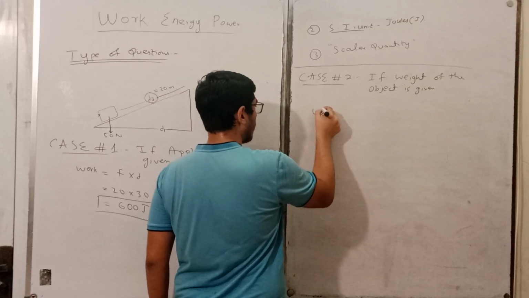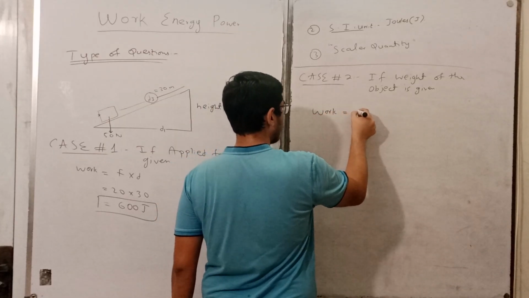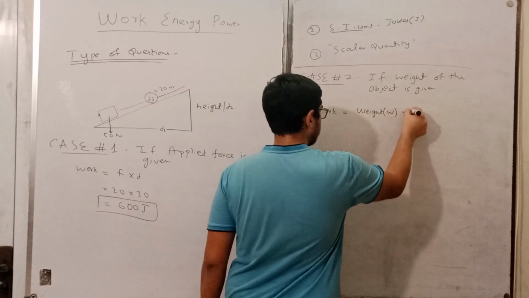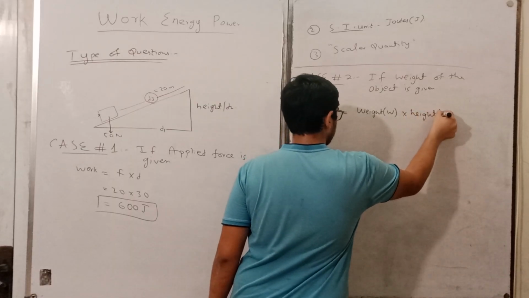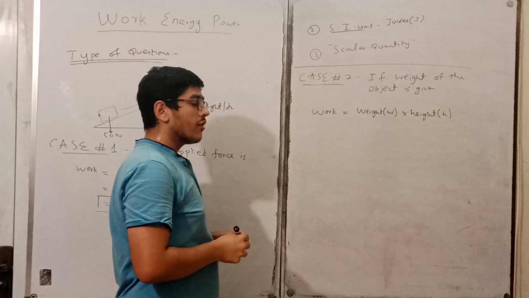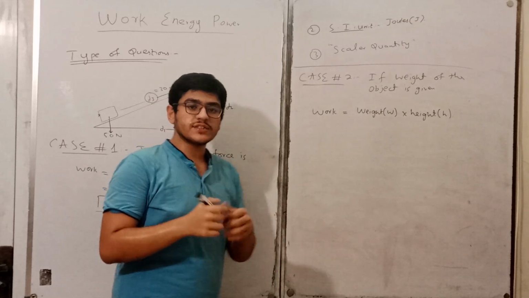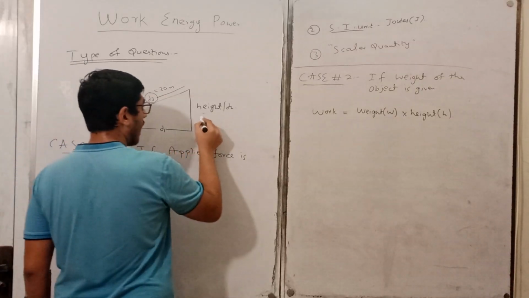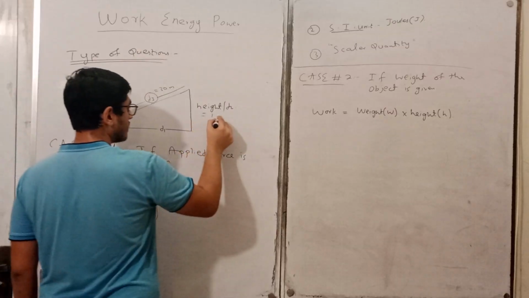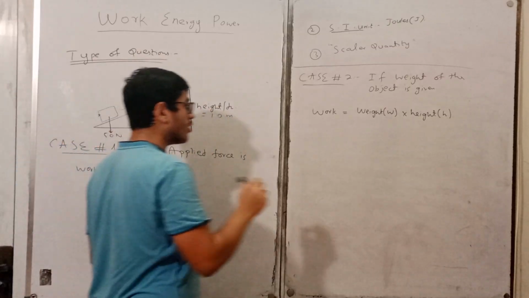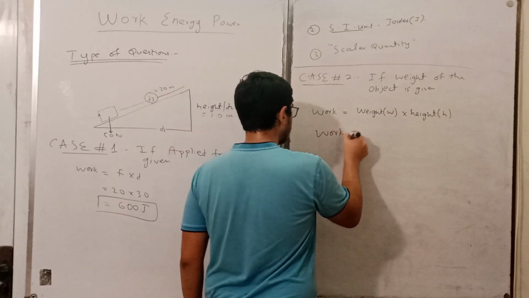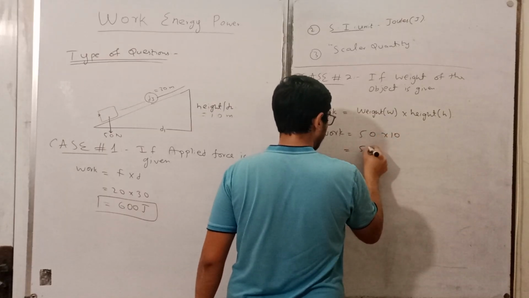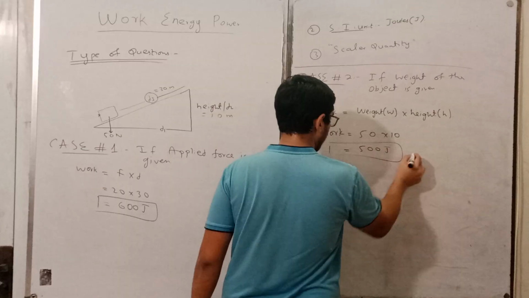Therefore in this case, work done will be weight multiplied by height. This can also be termed as work done against gravity. Let's say the height that it covers is 10 meters. Therefore, we multiply the weight, 50, by 10, and the answer we get is 500 joules, that is work done against gravity.